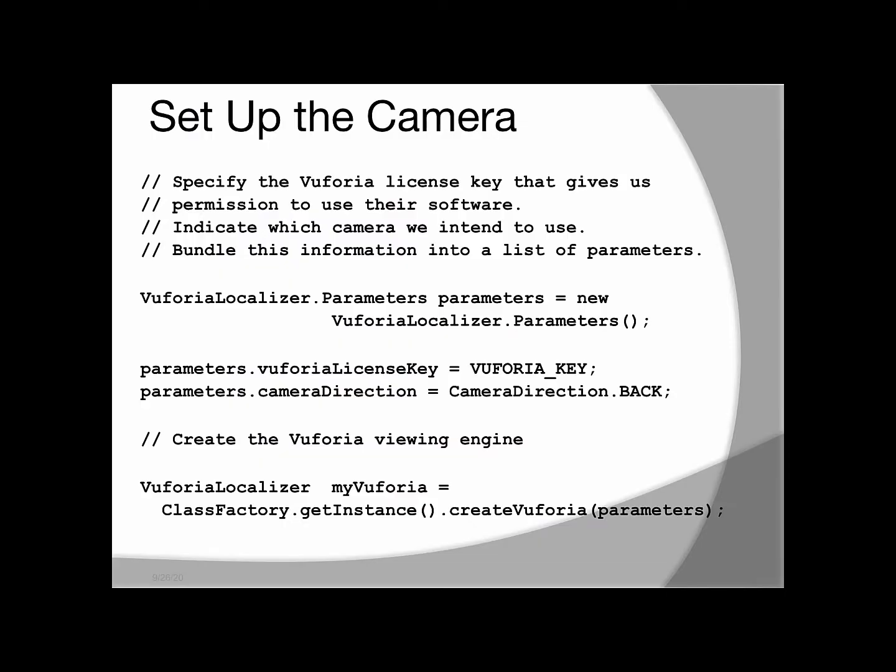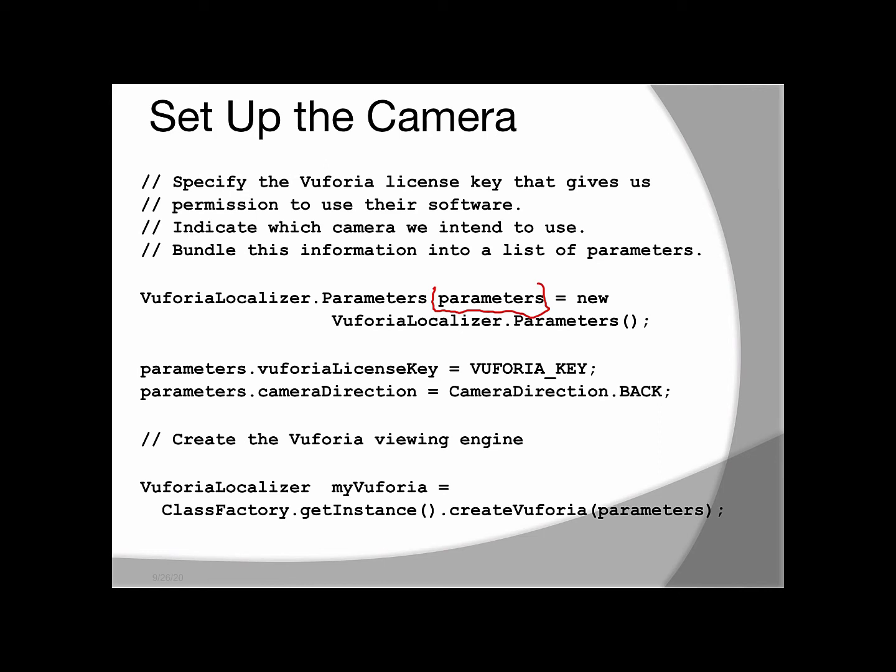We will start by setting up the camera, and we're going to use the Vuforia software stack to do that because it's already part of the FTC SDK for doing localization, and so we're just going to use that code for another purpose, and that is for recognizing objects. The first thing we'll do is to create some parameters that will set the Vuforia software up.